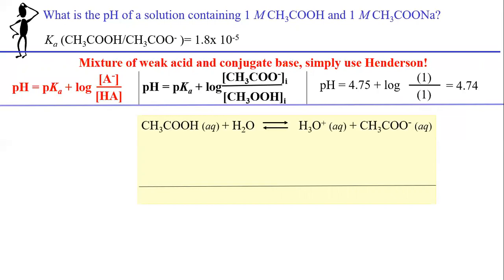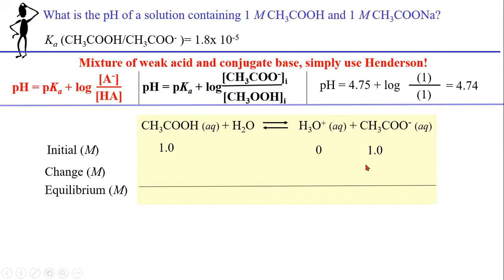Well, of course, you have the acetic acid that's going to dissolve and dissociate and ionize in water into acid and acetate ion. You're going to have your ICE table: initial, change, at equilibrium. Initial amount is 0 for water, and we already have in this solution an amount of acetate which is equal to 1 molar.